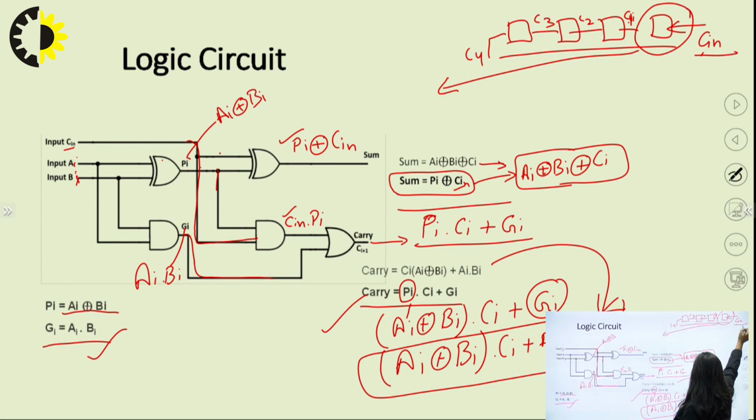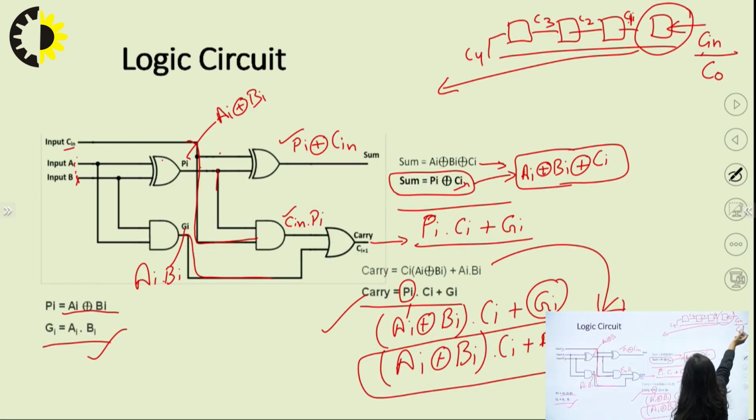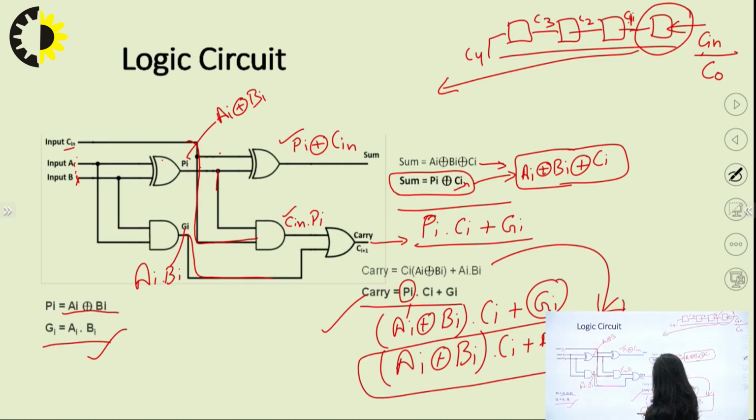We can consider it as C0 because it is previous to C1. Cin is the previous value, but C1, C2, C3 and C4 have to be calculated. So let's calculate the final carry equation.